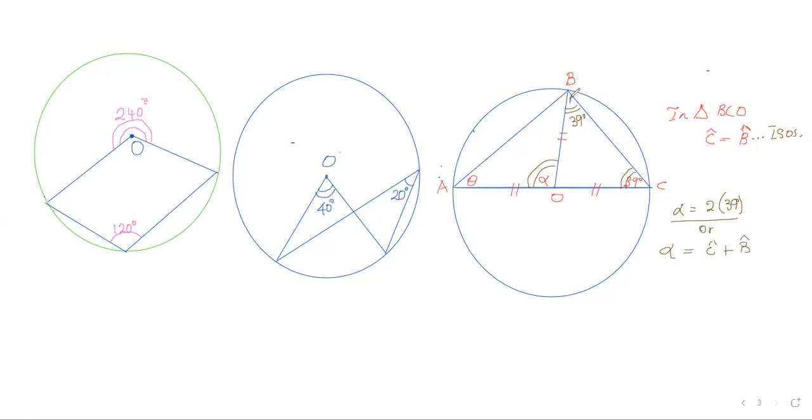Let's call that B1 for clarity. We'll call that B2. And the reason here is exterior angle of a triangle.